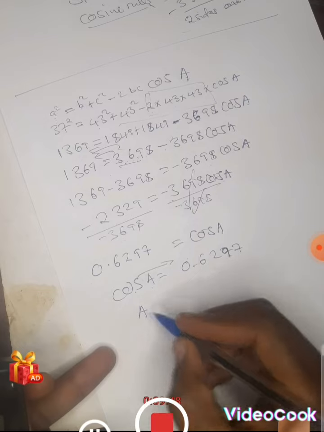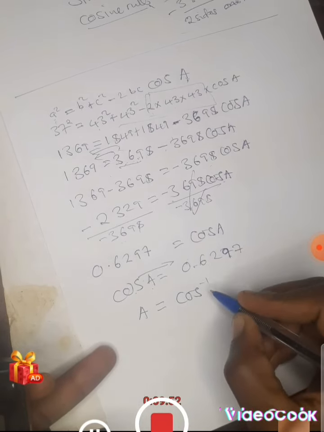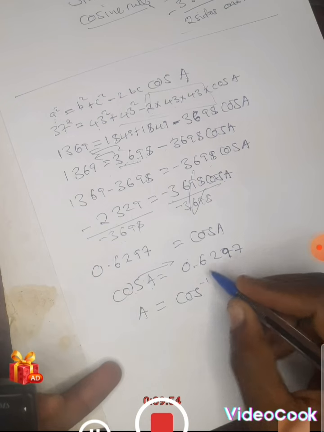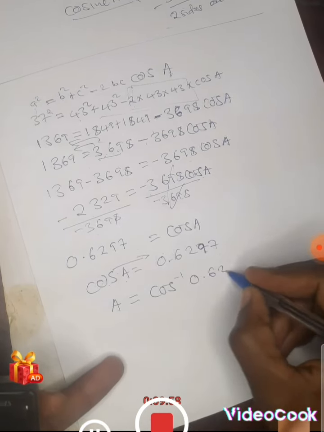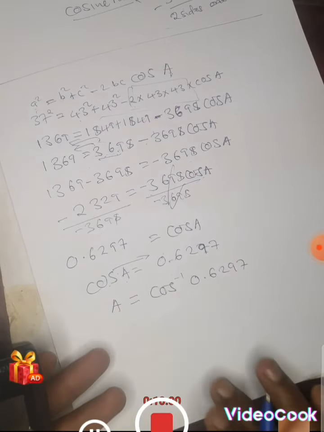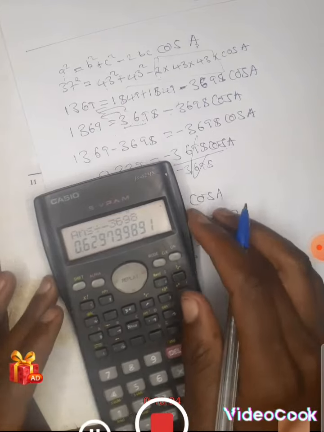So we remain with A, and is equals to cos inverse. Inverse is represented by the power -1. Cos inverse is 0.6297.